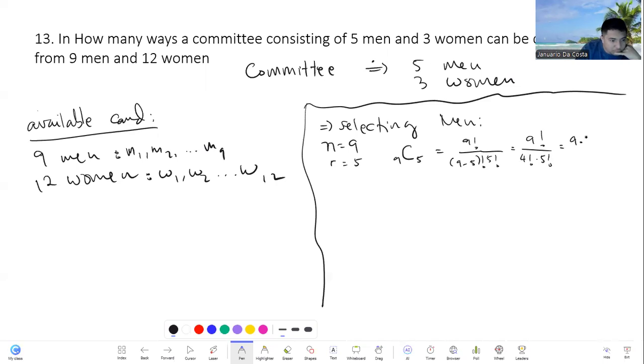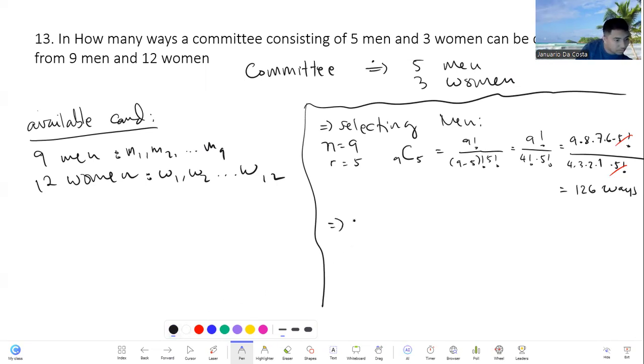So you have 9 times 8 times 7 times 6 times 5 factorial over 4 times 3 times 2 times 1 times 5 factorial. I'm just going to cancel the 5 factorial out. So what you get is 126 ways for selecting men.